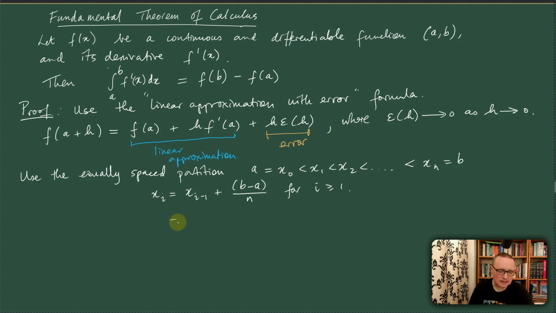So that would make the quantity xi be equal to a plus, excuse me, a plus i times the interval b minus a over n.